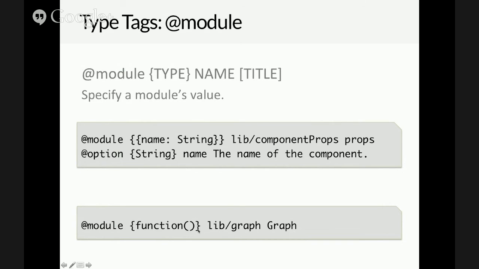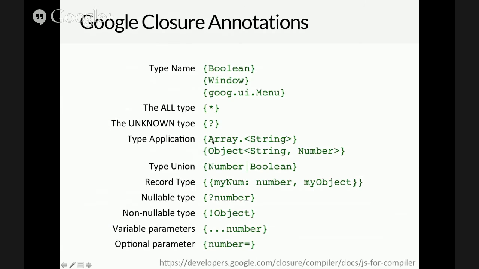Or I could define a module that exports a function. Now, we need to learn about these things real quick before we get to the other types. This is a type definition. It's everything in these brackets that you can use on params and options and modules and typedefs. They all take these type definitions.